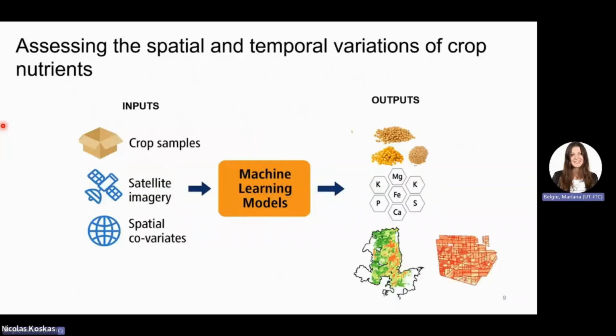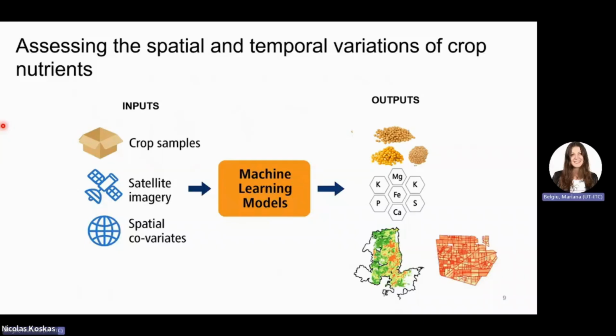In our work, we use satellite imageries and other spatially explicit covariates that explain the environmental conditions and management practices, together with different machine learning models, to assess the nutritional quality of crops.